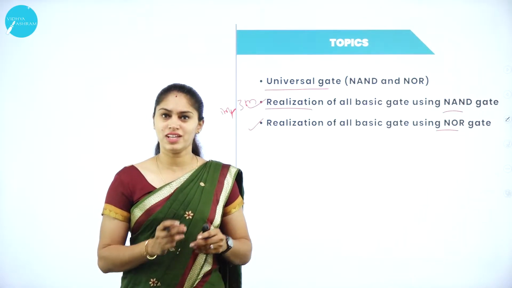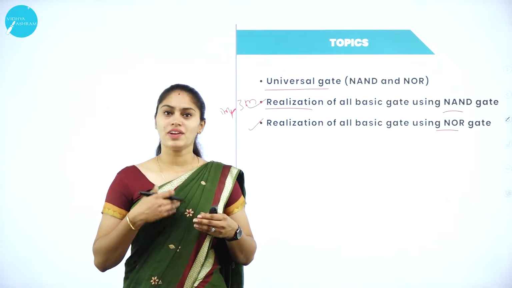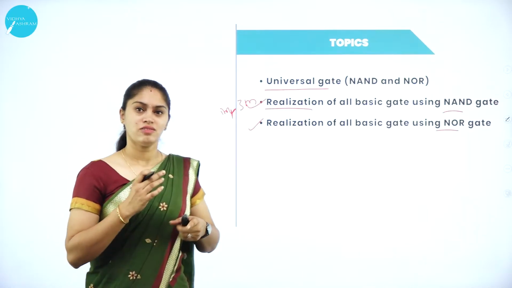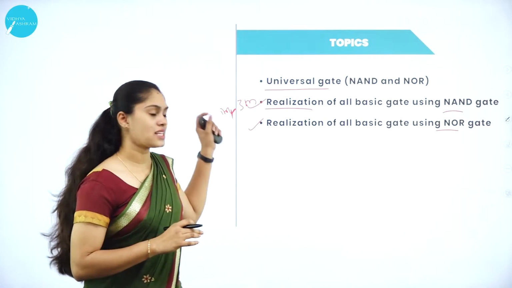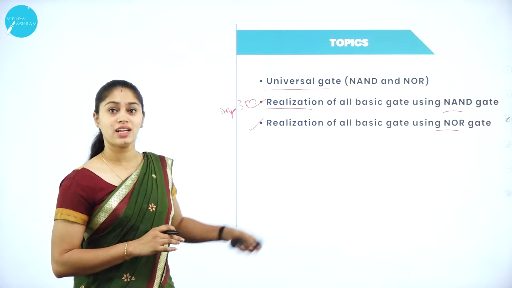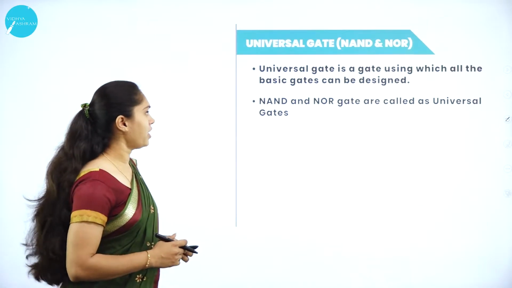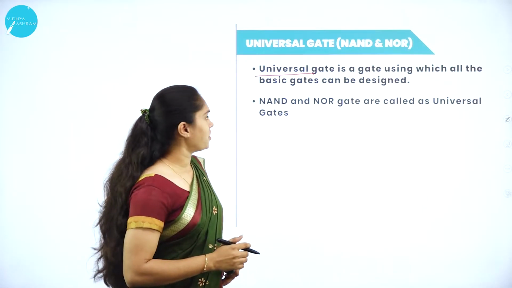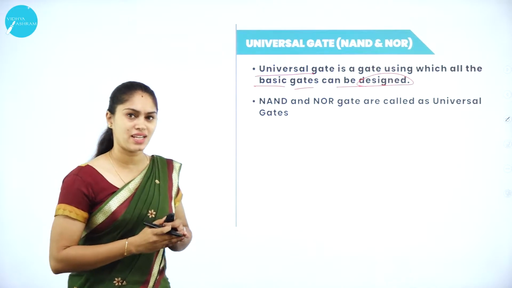By making use of this NAND and NOR gate, we can implement all the basic gates. That is, we can create AND gate, OR gate and NOT gate by making use of NAND and NOR gate, so that it will be considered as what? Universal gates. So here, what is universal gate then? It is a gate with which all the basic gates can be designed. So we know what is basic gate.